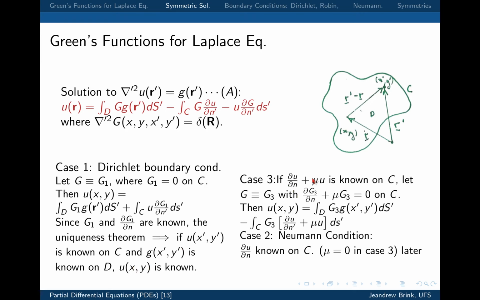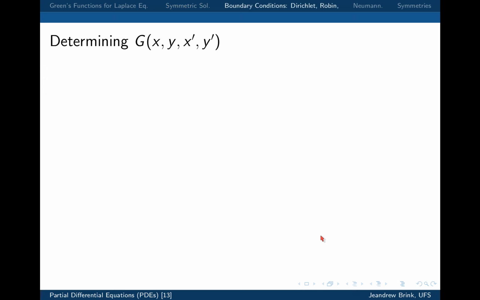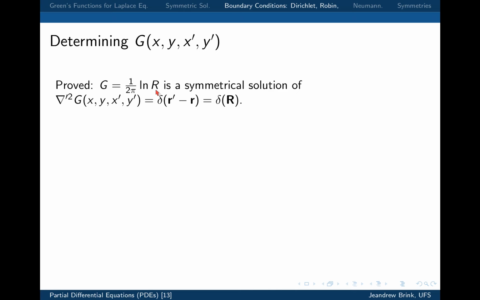The last time we also looked at the symmetric solution for G, and we argued that if G is symmetrical about your source point, then you could show that G is equal to 1 over 2 pi times the ln of R, where R is simply the difference between the source and the target point.